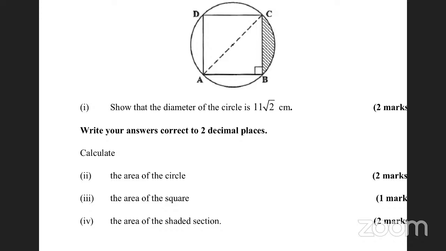The area of the circle should be easy. The area of the square should be easy too. The shaded region is the hard part.